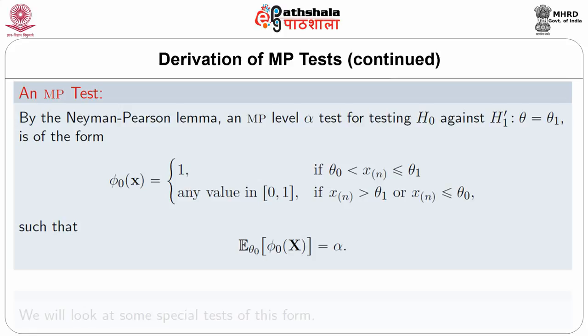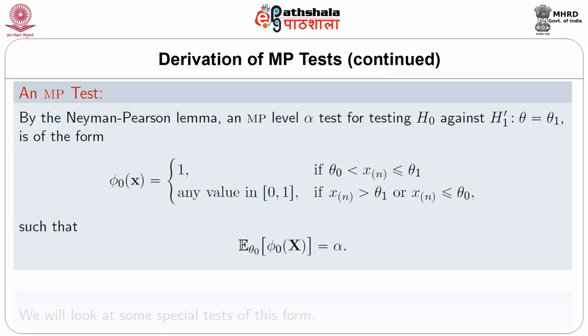So, phi naught x, the probability of rejection, is 1 here. If x order n is greater than theta 1 or x order n is less than or equal to theta naught, p theta 1 and k p theta naught are the same.